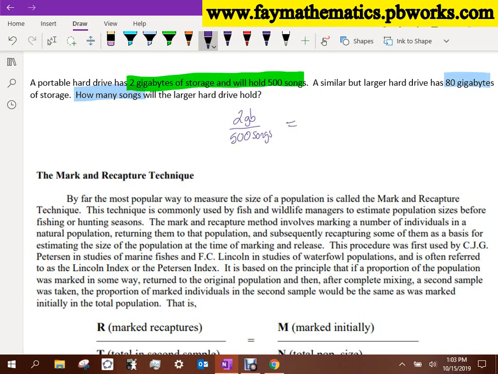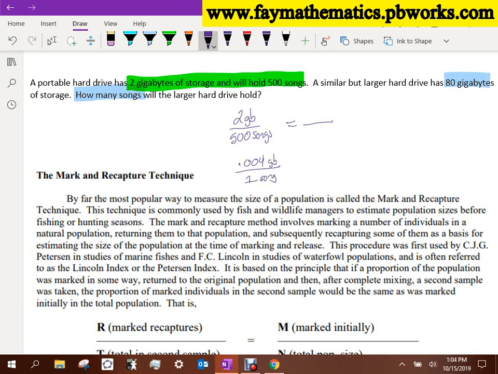So now, I can break that down. I can divide that out, and it gives me a unit rate. And that unit rate would be, you don't need to write this down, but if I were to divide that, it would give me 0.004 gigabytes for every 1 song. Does that make sense?